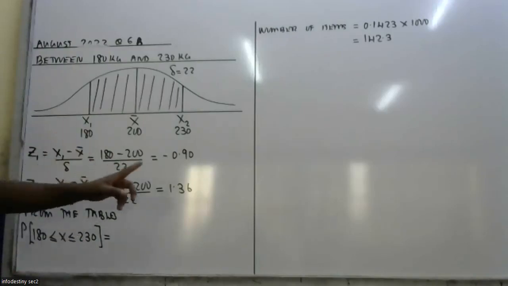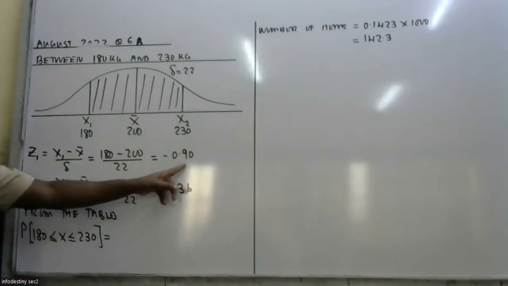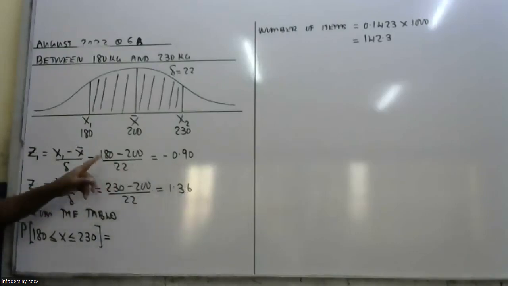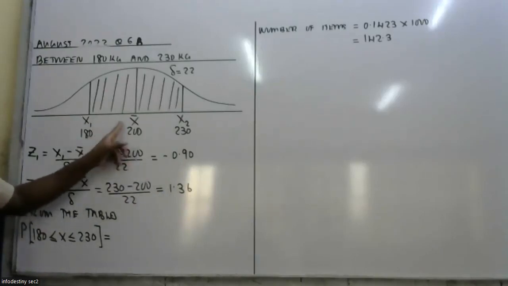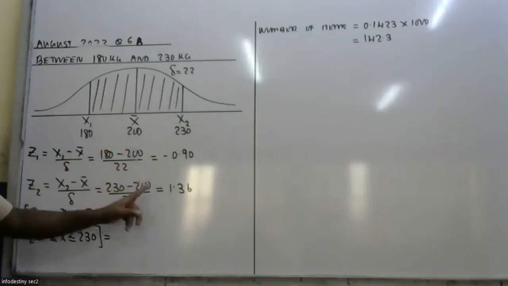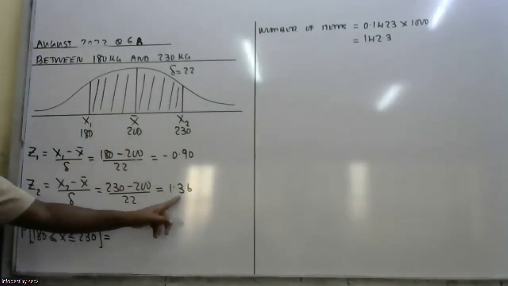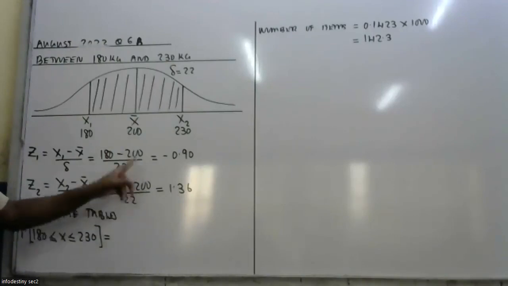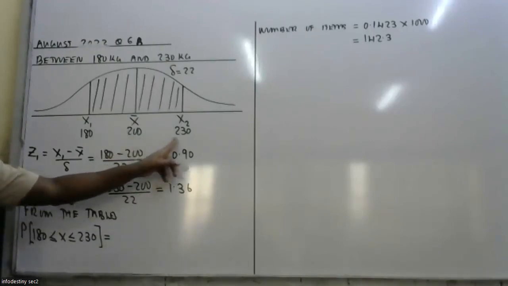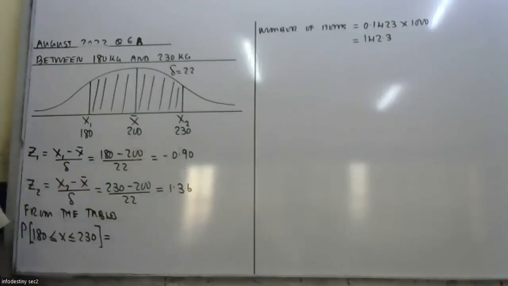When we reach 0.9, it will give us the probability from 180 to 200. Is that the entire region that we want? No. When we reach 1.36, it will give us the probability from 230 to 200. Is that everything you want? So how do we get whatever we want? We add the two of them.